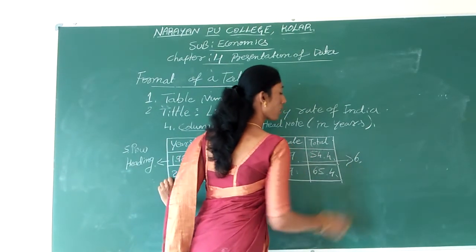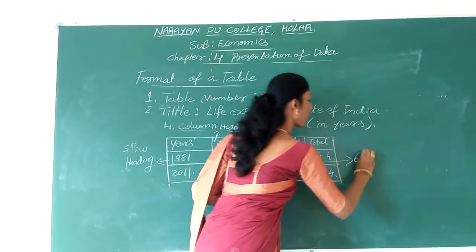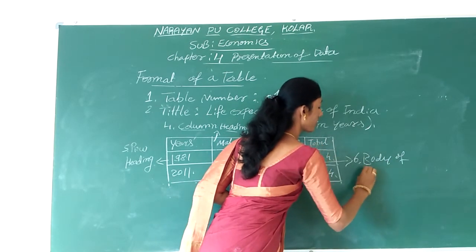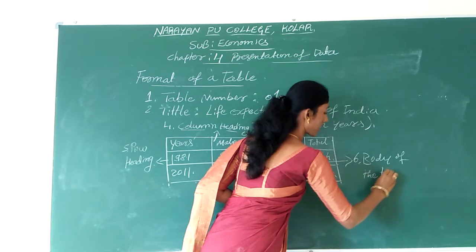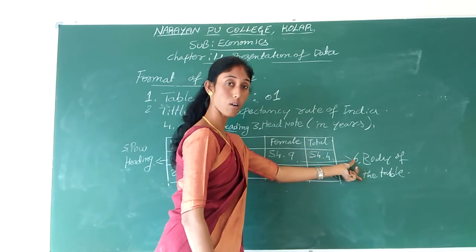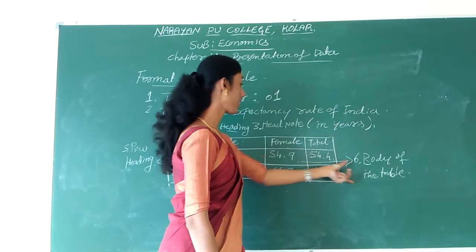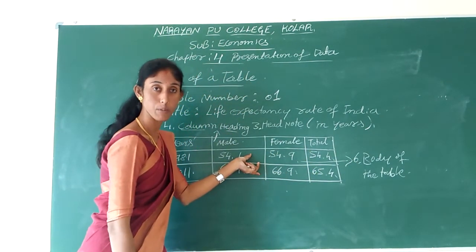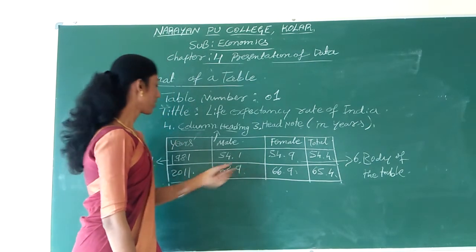The sixth main part is the body of the table. Got it? The body of a table is the main component of a table and is going to represent the numerical information. Got it?